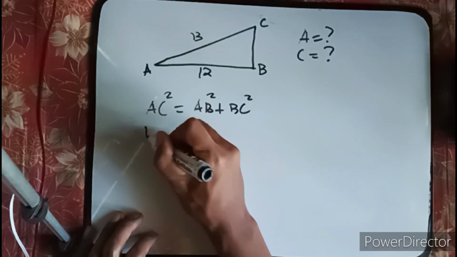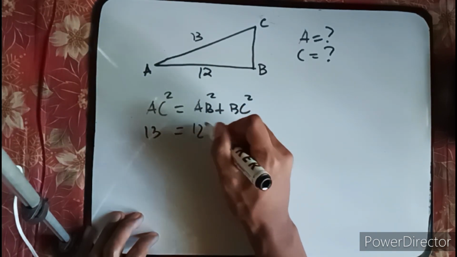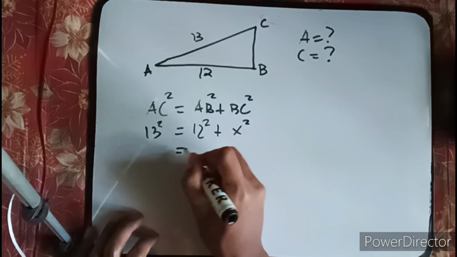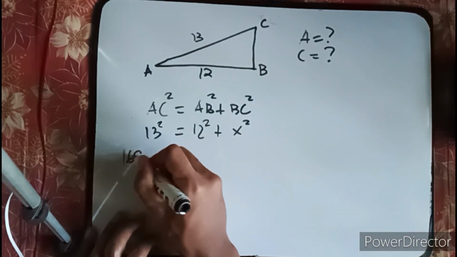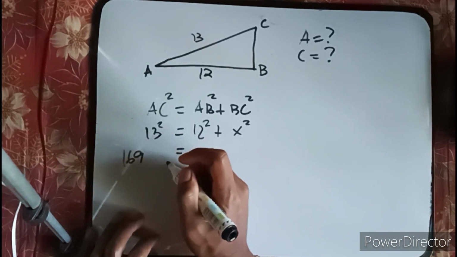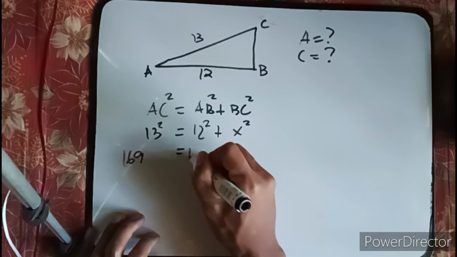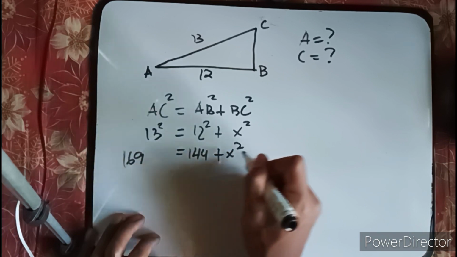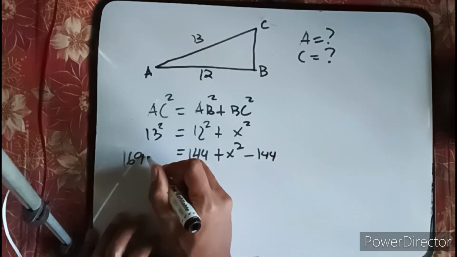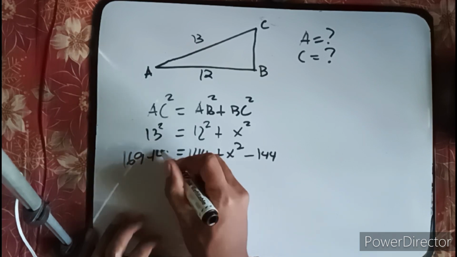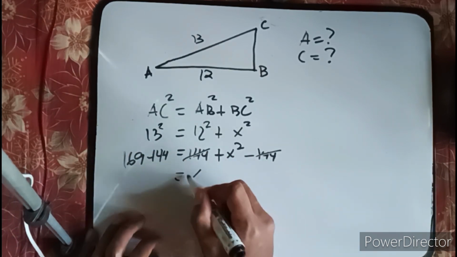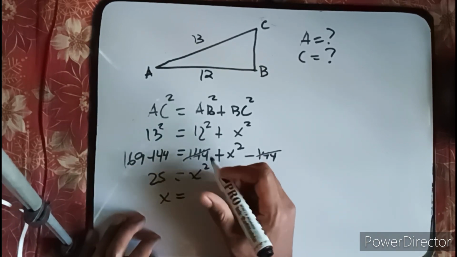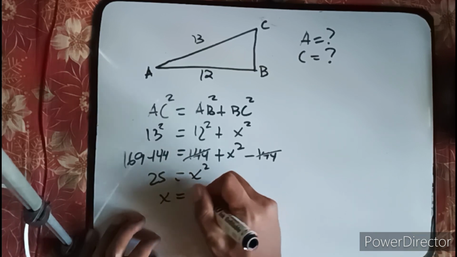So substitute: our AC is 13, our AB is 12. 13 squared is 169, and 12 squared is 144, plus x squared, where we let BC be x. Then subtract 144 from both sides. The 144 will be cancelled out and x squared is equal to 25. So our x is the square root of 25, which is 5.